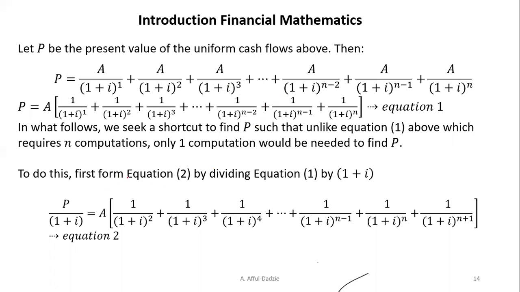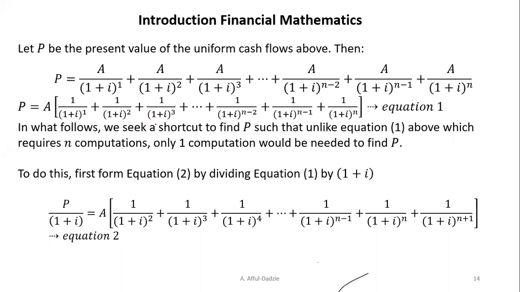Then to go from equation 1, we try to form an equation 2 by dividing all of it by 1 plus i. We divide equation 1 by 1 plus i to have equation 2.